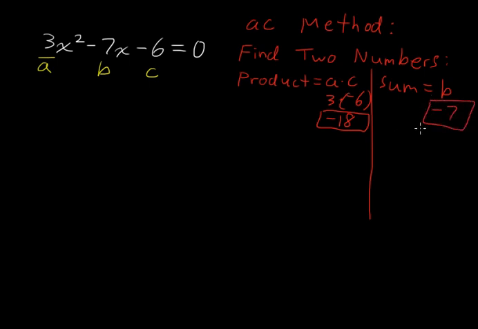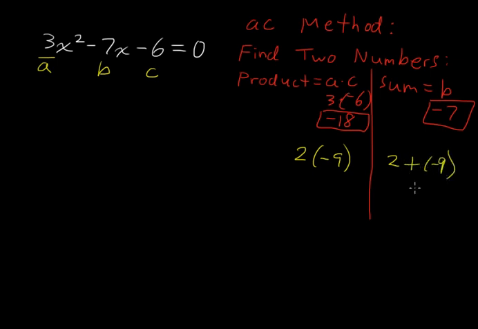So we can think about this a little bit, and what we end up with is, let's see, 2 times negative 9. All right, let's write that down. 2 times negative 9. 2 times negative 9 is certainly negative 18, and 2 plus negative 9 is the same as negative 7.